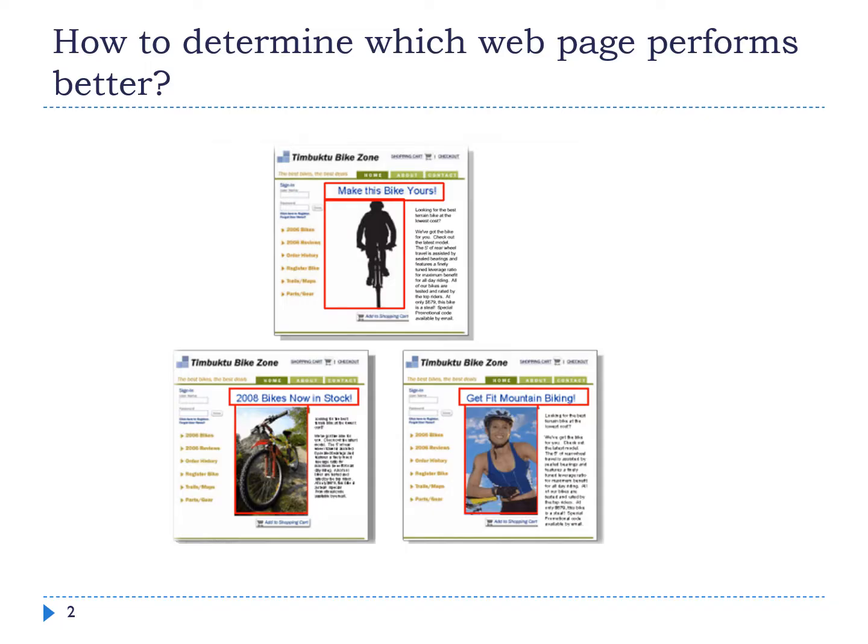Okay, there are some questions for us to think about before we start the chapter. First, if you are given 3 different designs for the website landing page of a company that sells bikes, how can you decide which one is the best?